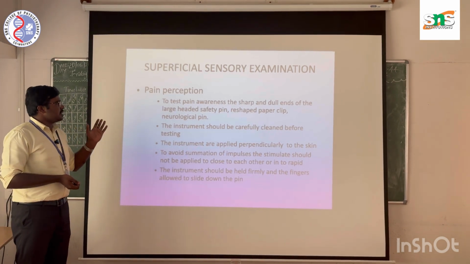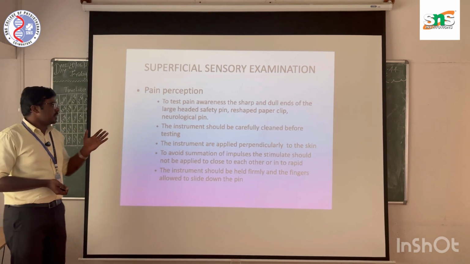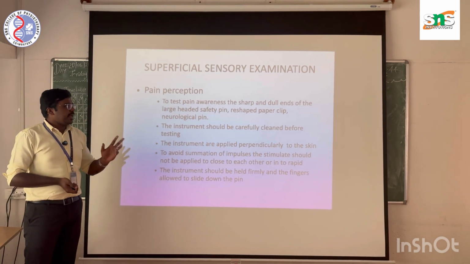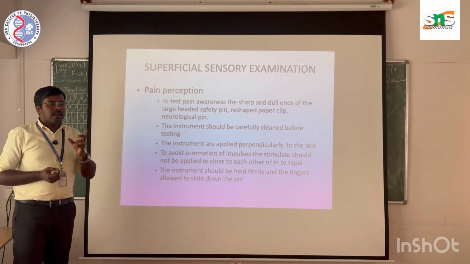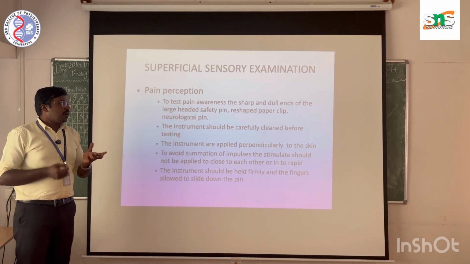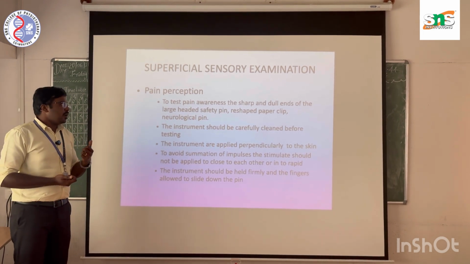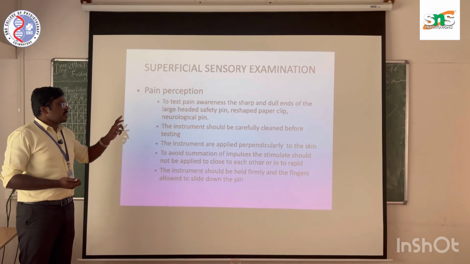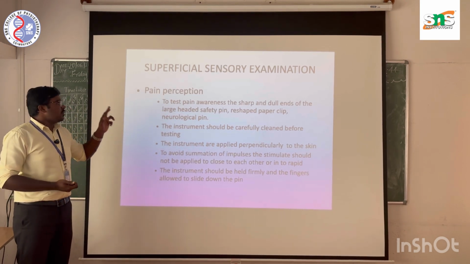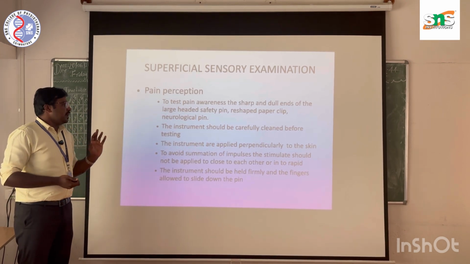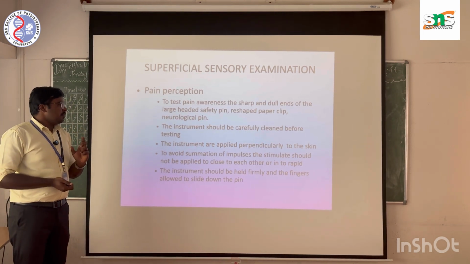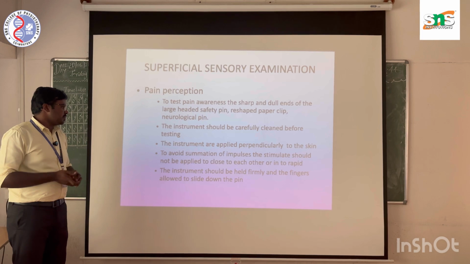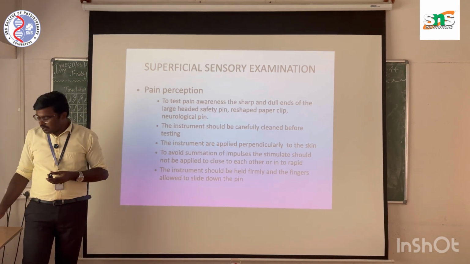First we assess pain perception. To test pain awareness we use the sharp or dull end of a large headed safety pin, a reshaped paper clip or a neurological pin. These are the materials we can use to assess pain perception, and the instrument should be cleaned before testing.